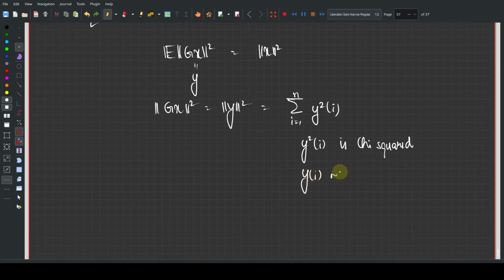y of i is Gaussian with mean 0 and variance norm x squared divided by n. But now you can just try to derive the moment generating function of the chi-square distribution, which you've already done in your assignment, because you've derived the moment generating function of a gamma distribution.